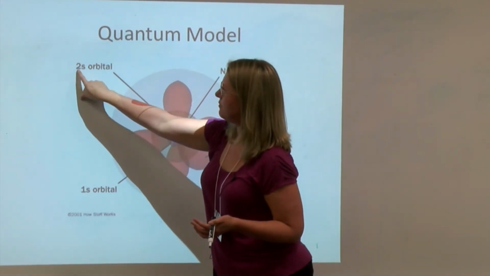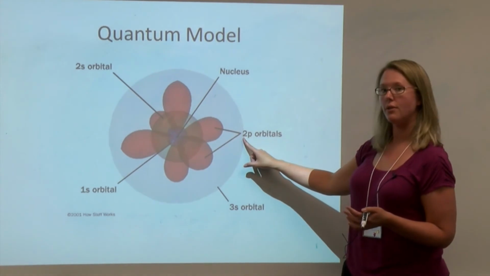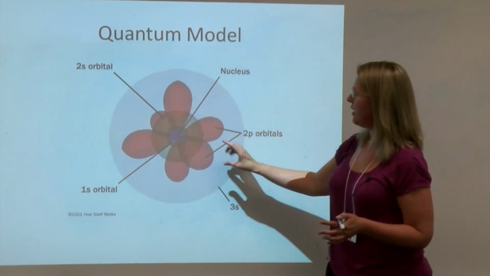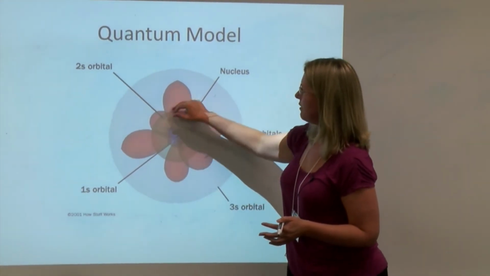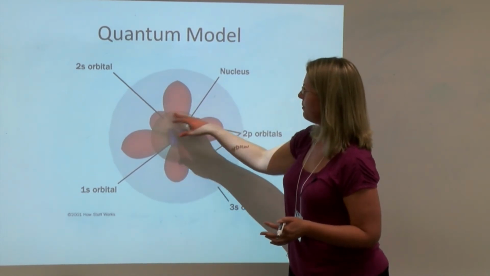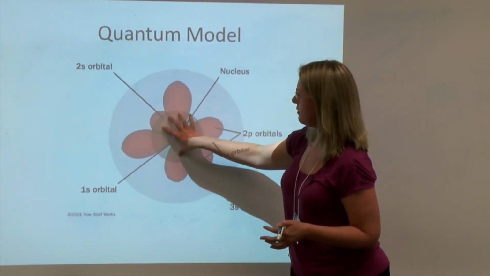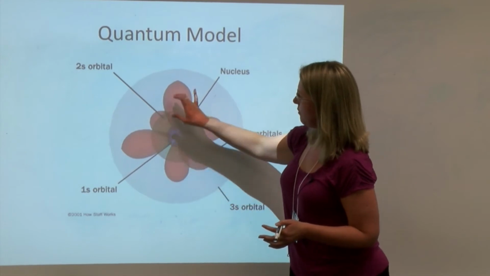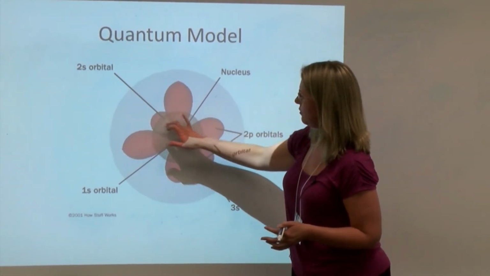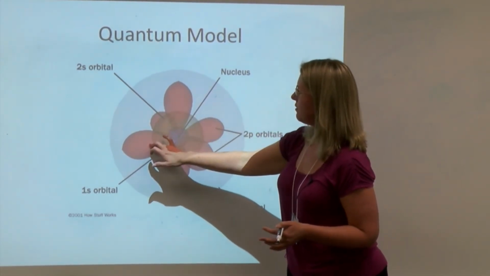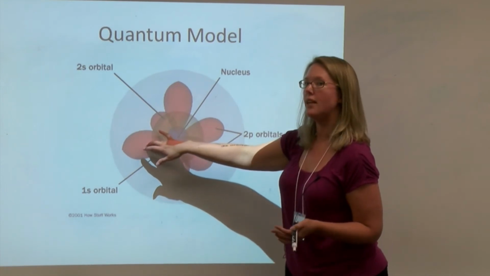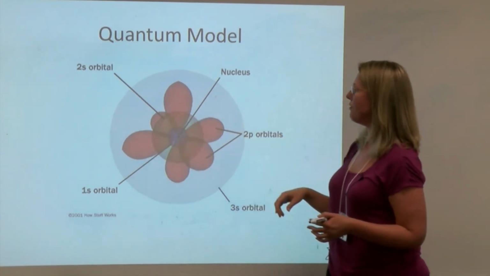Second shell, here and here, so we have a 2s and a 2p. And so we have a little bit bigger sphere, and then our p's, which are the weird lobes. And so we can fit 2 in this sphere. We can fit 2 here, 2 here, and 2 here. So that's a grand total of 8. So at the max, you can get 8 electrons in your valence.